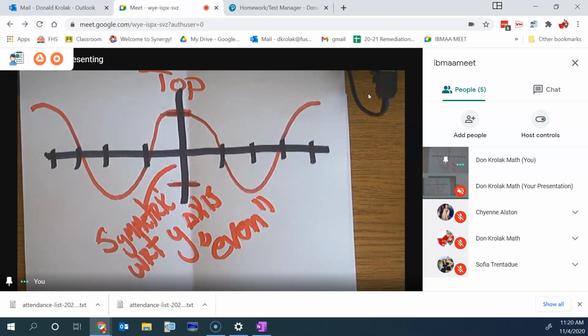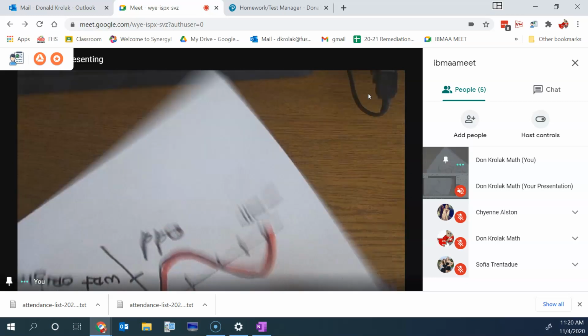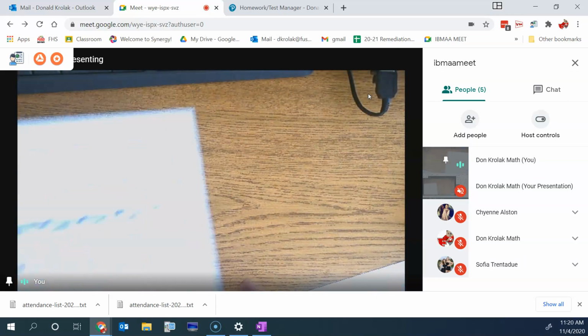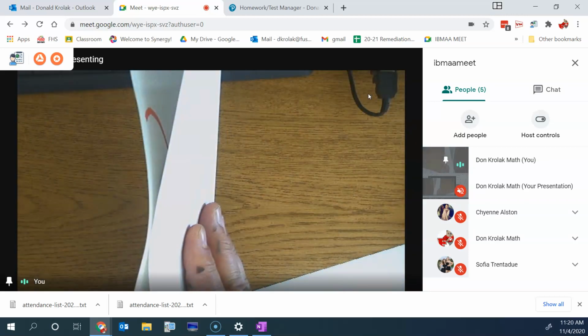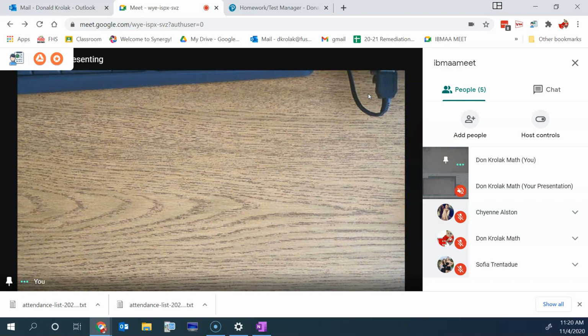Okay, so sine is odd. You can turn it upside down. Cosine is even because you can fold it over the y-axis. All right, let's move on.